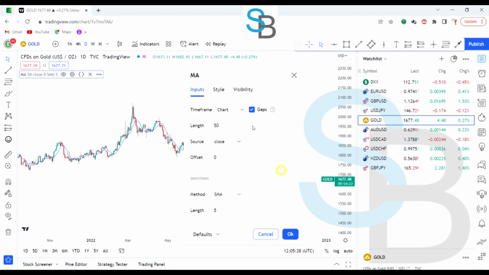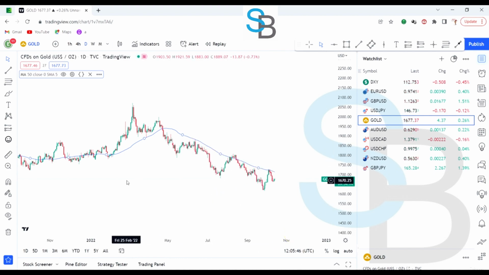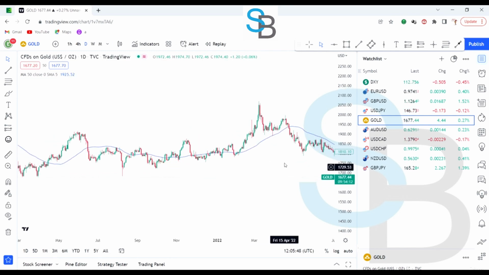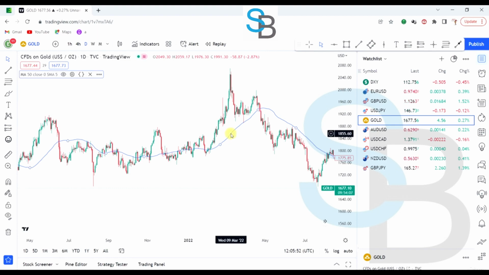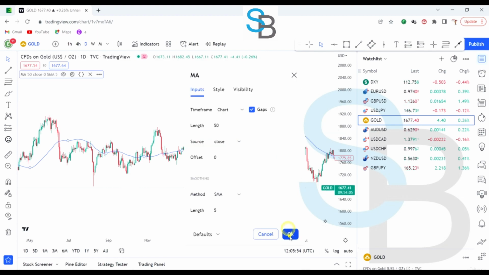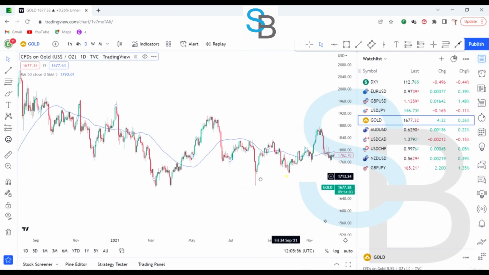Remember, it's 50 simple moving average, right? So it's the SMA method, simple moving average, and then 50, and then close, and OK. As it's adjusted, yeah, this is what we have now.